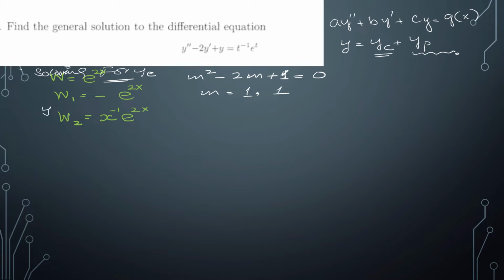So we can write y c equals c1 e to the power mx, that means e to the power x, plus c2 x e to the power mx, because both the forms are the same. So this is how we write our complementary solution.